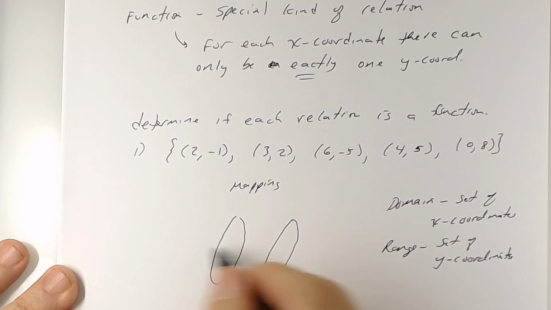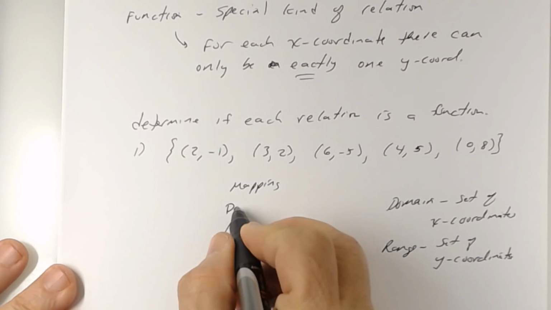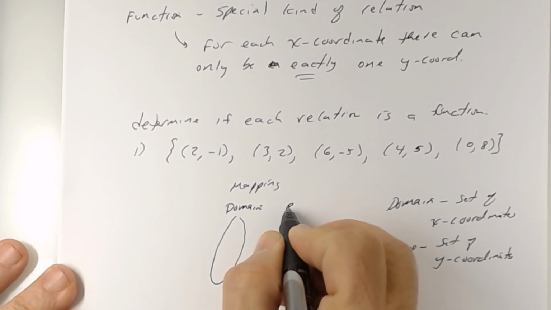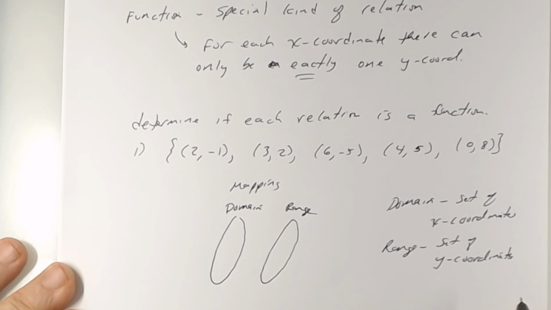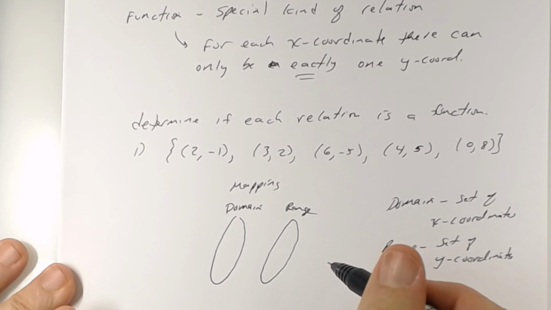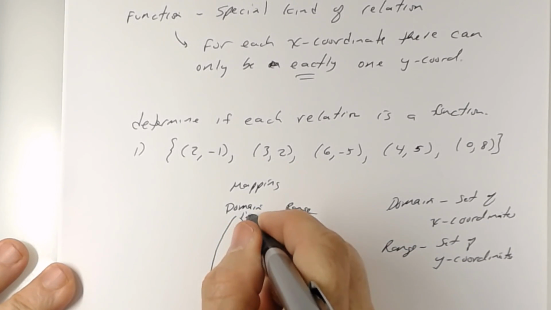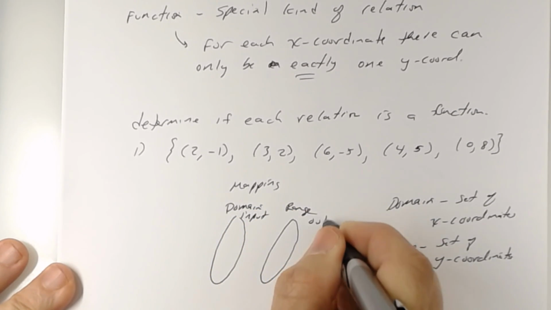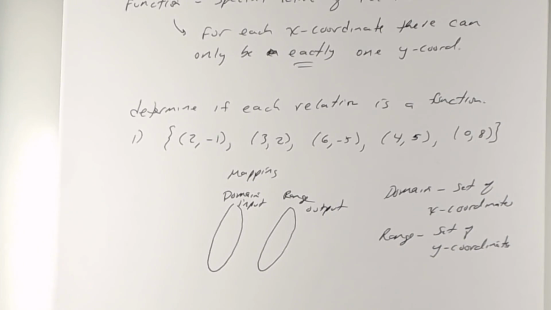When I draw the mapping, this will be my domain, and this will be my range. Sometimes you'll see the words input and output instead. Input, output, domain, range.